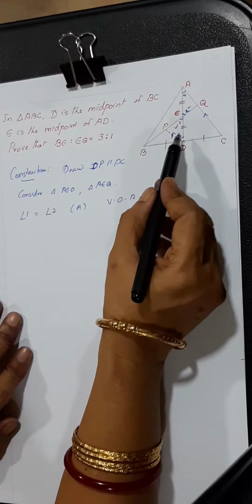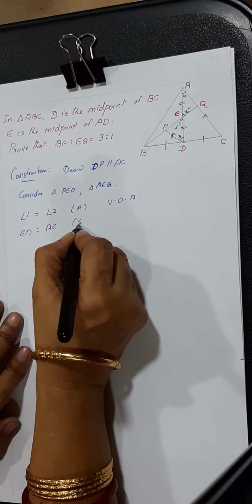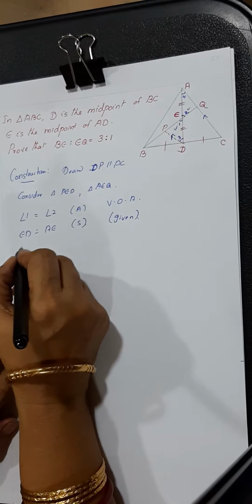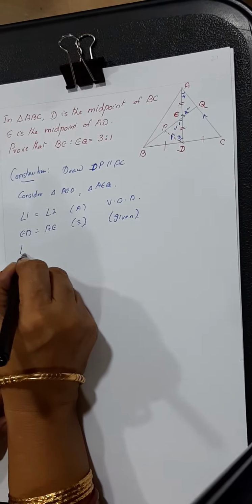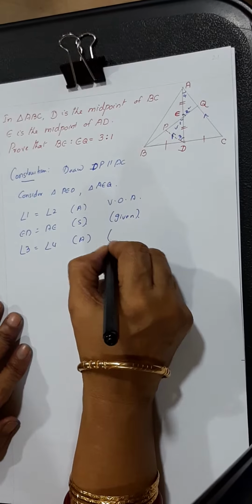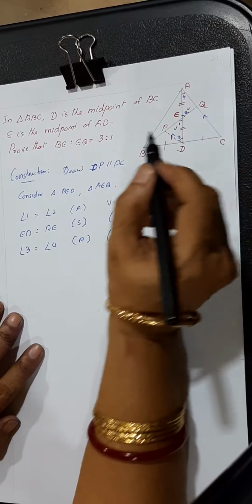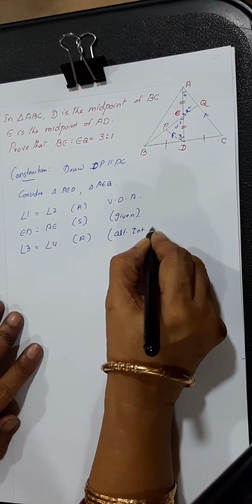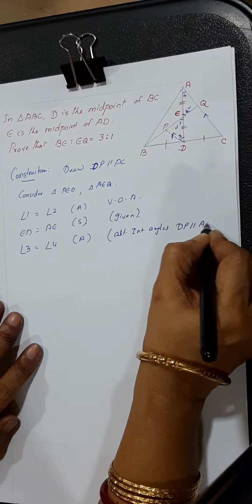Now we have to write ED is equal to AE, it's already given, and then we have angle 3 is equal to angle 4. It is alternate angle because we are drawing DP parallel to AC, so 3 and 4 become alternate interior angles because DP is parallel to AC.